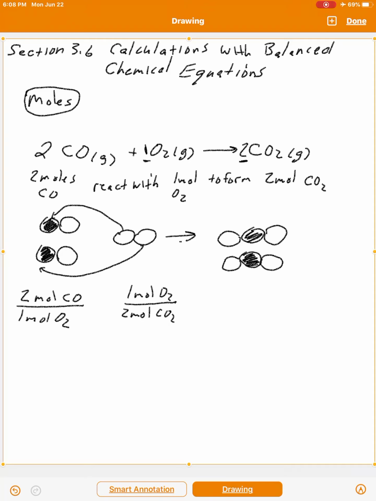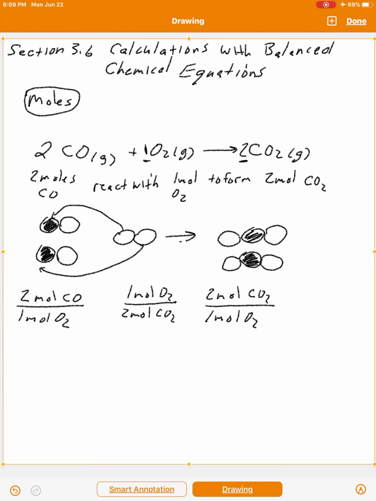Now you might have said, wait a minute, I had CO2 divided by O2, and that is correct also. Another way of thinking of it is there's 2 moles of CO2 for every 1 mole of O2. That's perfectly fine. What about the relationship between carbon monoxide and carbon dioxide, CO and CO2?